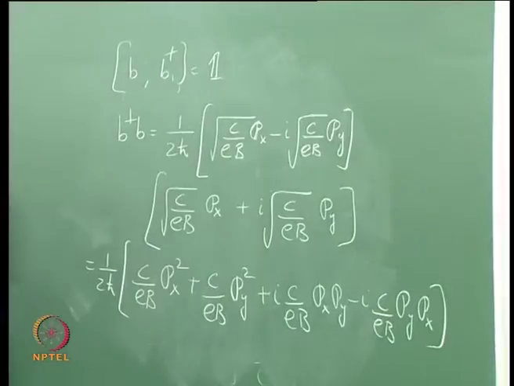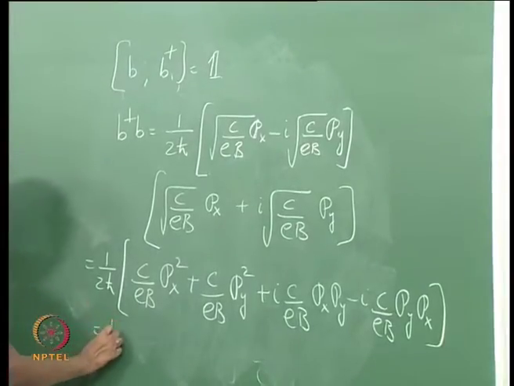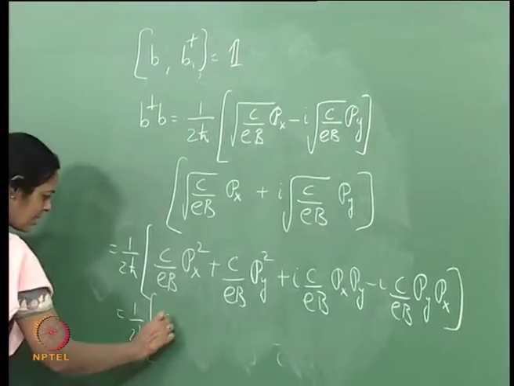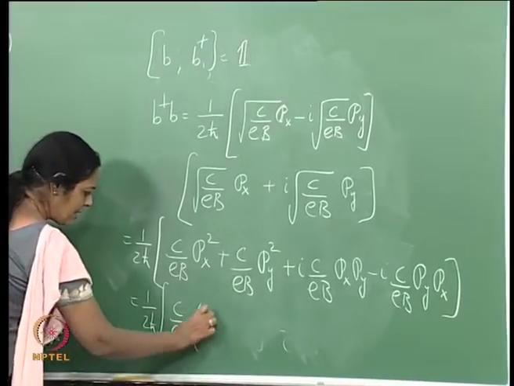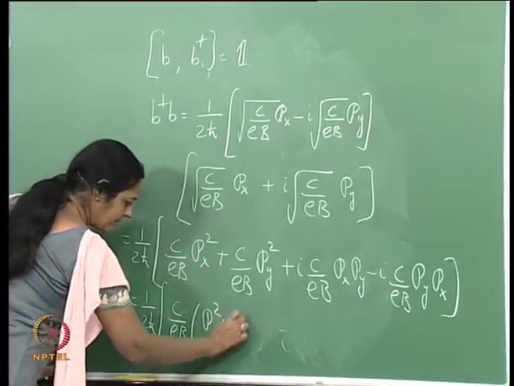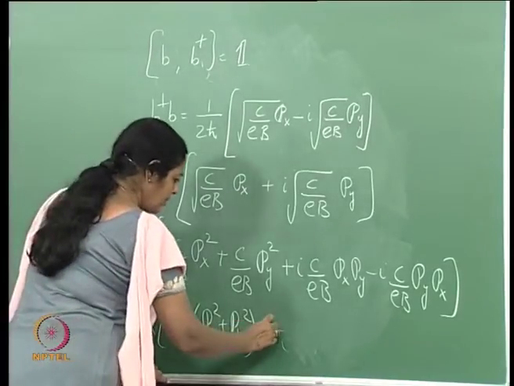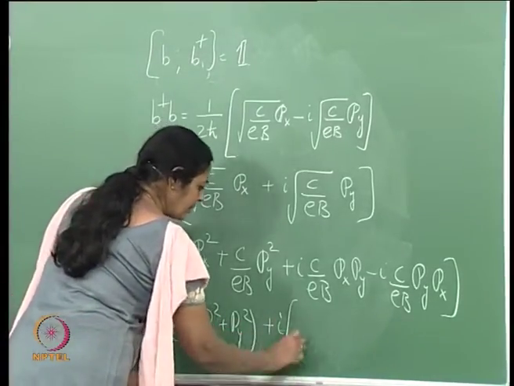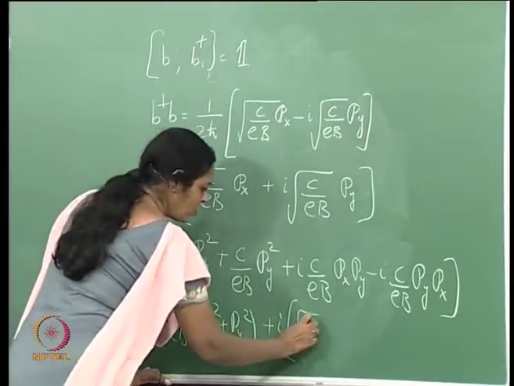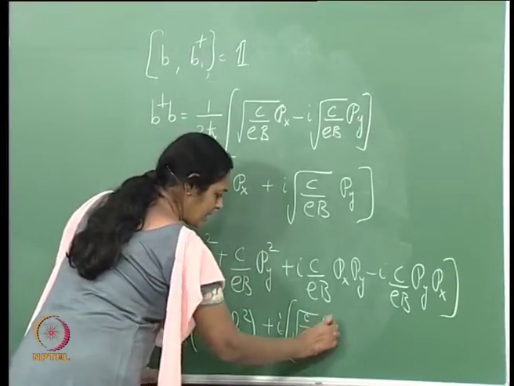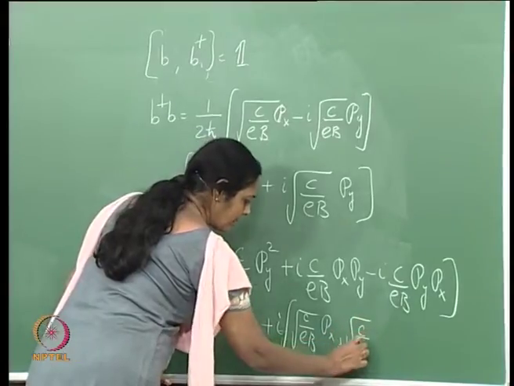But that is clearly a commutator. I can write this as 1 by 2ħ C by EB Px squared plus Py squared plus I commutator of root of C by EB Px with root of C by EB Py.